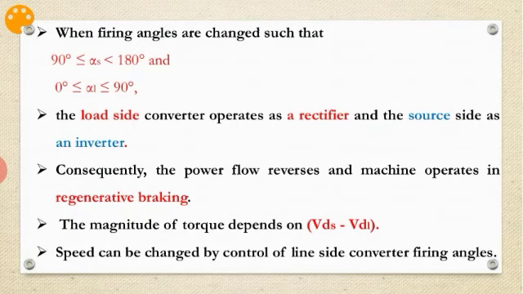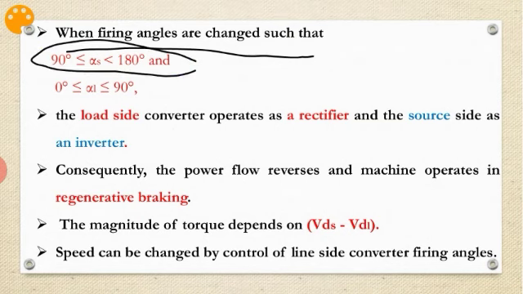Let us discuss what happens. When the firing angles are changed, the source side, which earlier was in the range of 0 to 90 degrees, is now between 90 and 180 degrees, and the load side, which earlier was between 90 and 180 degrees, is now 0 to 90 degrees.